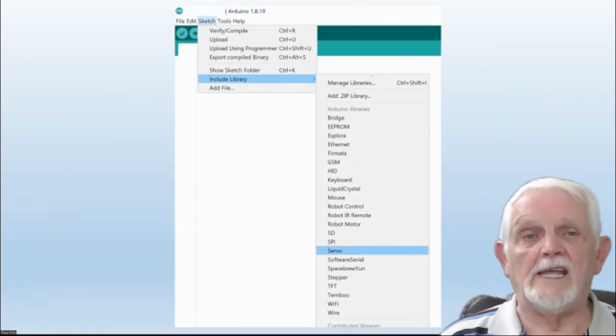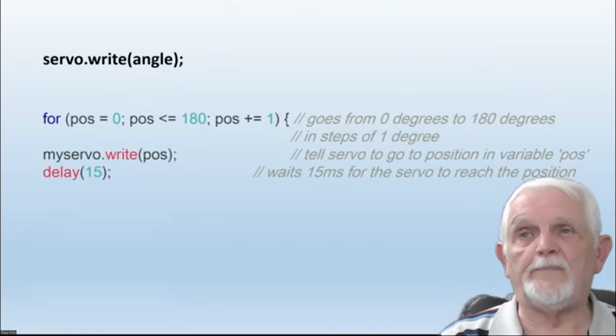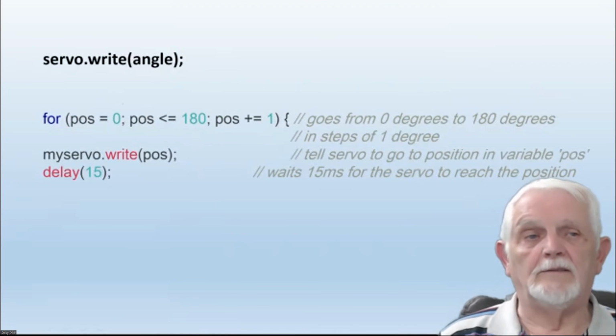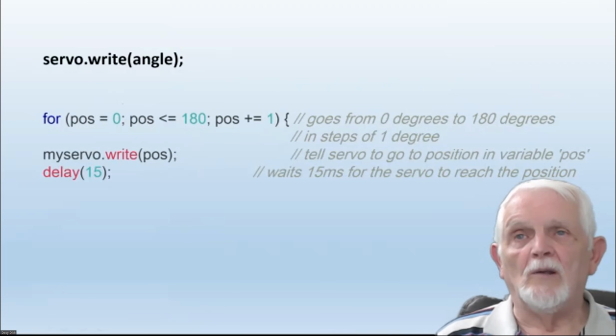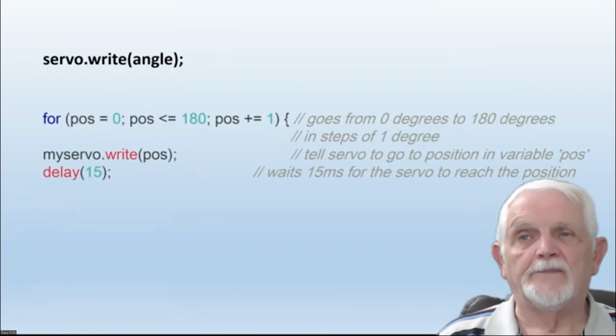If I go down again and look at the servo library that comes with it, there it is there. The main command is move the servo to that particular angle, between roughly 0 and 180.